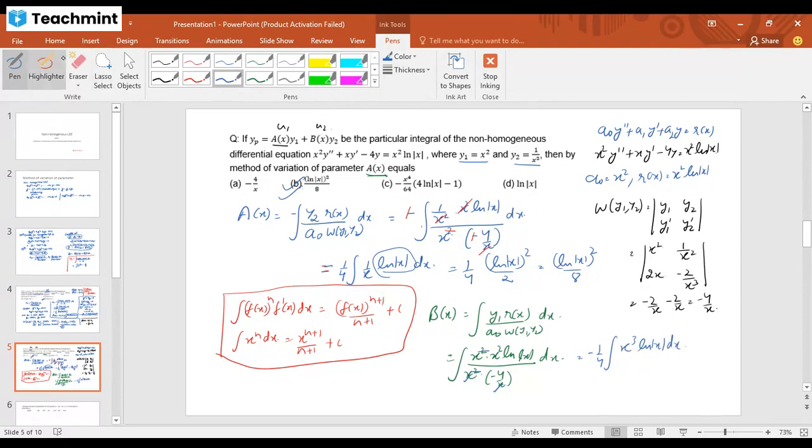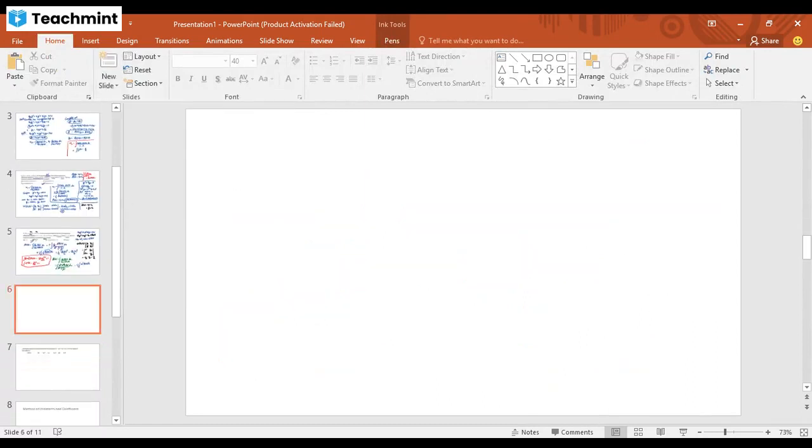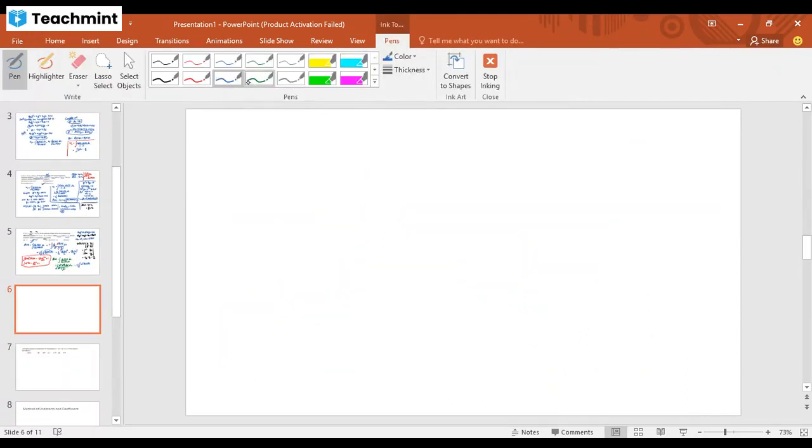So here we can use the product rule to find out the value of this integral. So let us calculate here. This is minus 1 by 4 integral of x³ times log of mod x dx. So we apply here the product rule, that is the ILATE rule. Because an inverse function is not there, firstly we need to use the logarithmic function, then the algebraic function.